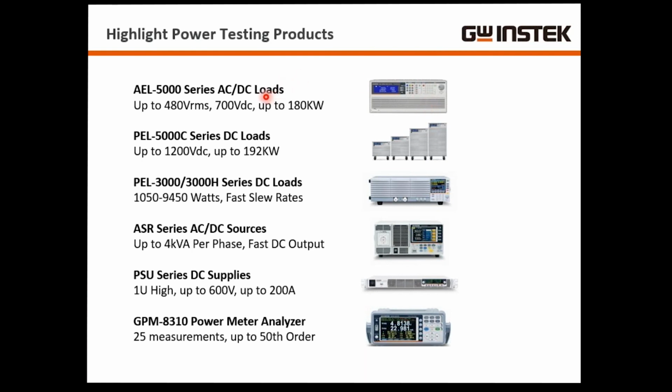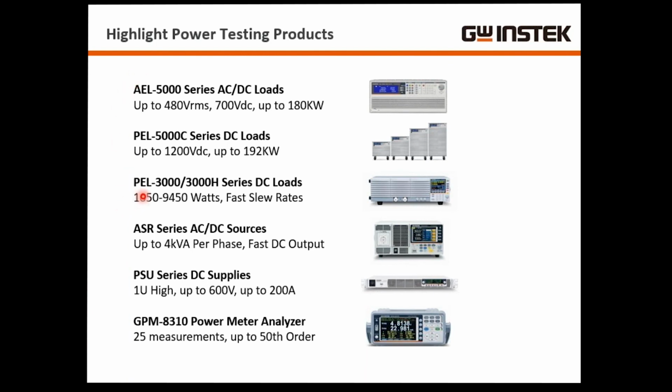Some people need both DC and AC for their applications. If you just want DC, we offer up to 192 kilowatts of power, up to 1,200 volts. These products just came out this year, about 4 or 5 months ago, I want to say. It allows us to expand our capacity in terms of charge-discharge cycles.